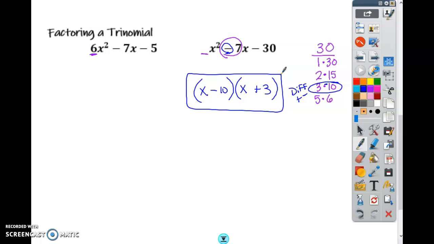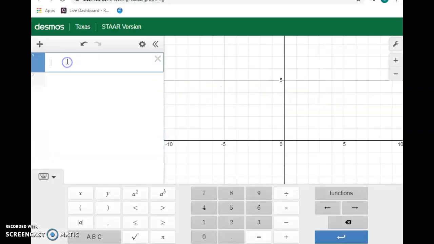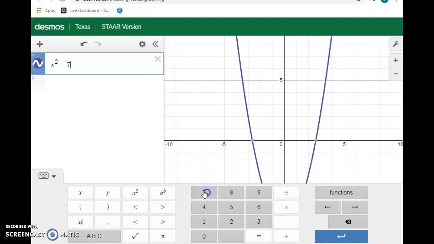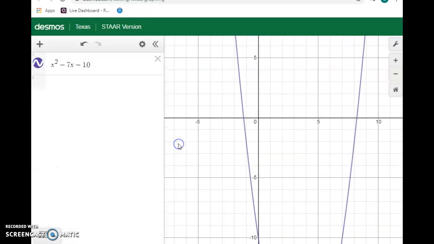How can I check it in Desmos? This is how you can check it in Desmos, okay? You're going to type this whole thing in there and all of this in there. Pay attention because you're going to need this on the test. You have x squared minus 7x minus 30. This is what it looks like, okay? And I need one to match it. Tiene que ser igual.